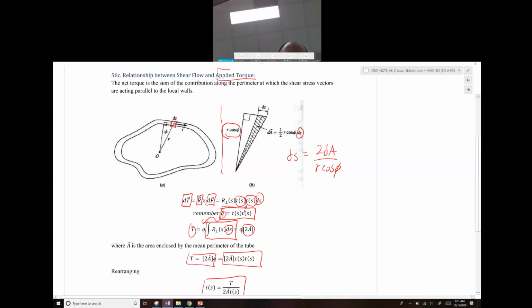And we have r perpendicular of s equal to r cosine phi. So the r cosine phi terms will cancel each other out, and we're left with 2 dA. If we integrate that, we would just get 2 times the area. Does that make sense? Okay. So that's where that came from.